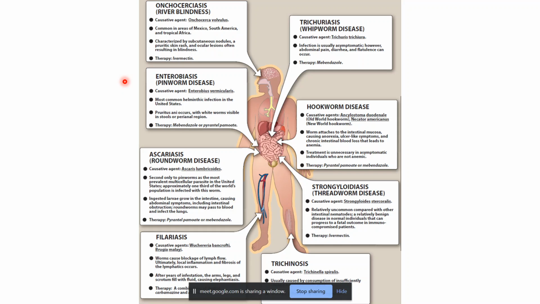The onchocerciasis or river blindness is common in Africa, but also in Mexico and South America.